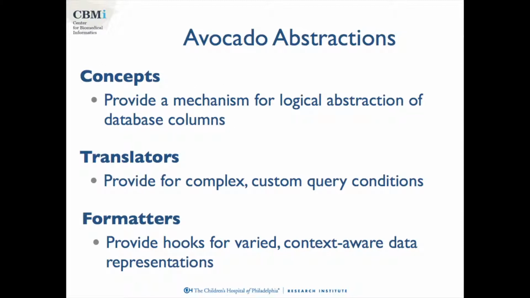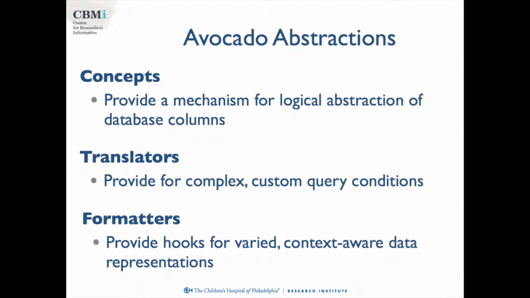So I want to spend some time really talking about Avocado and some of the abstractions that we have, because I think these are really the fundamental concepts that it's important to understand in order to understand what Harvest is providing. There are really three major components here.